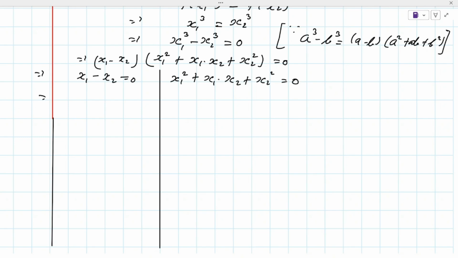Here it will be x1 is equal to x2, this part. x1 is equal to x2.